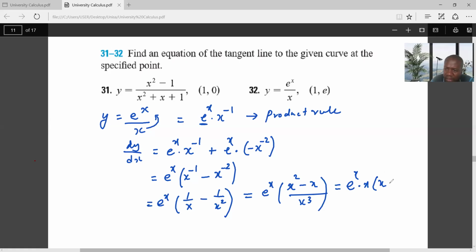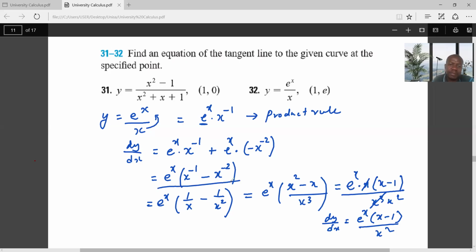With x minus 1 divided by the x cubed. You see that this and this will divide, then we're going to remain with x squared. So you see that the final answer will still be dy over dx of e to the x into x minus 1 all over x squared. But even if we left it here and we substitute, we're still going to get the same answer. There are many ways to skin a cat.